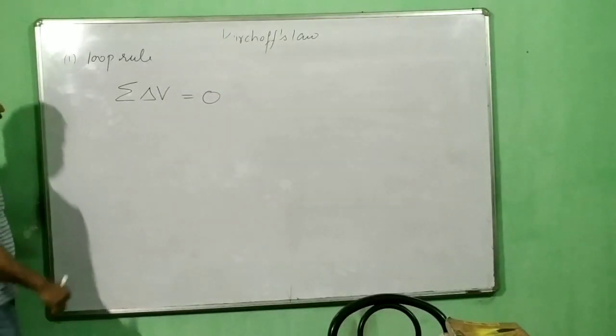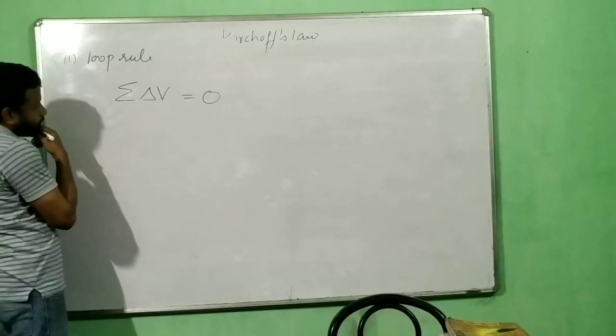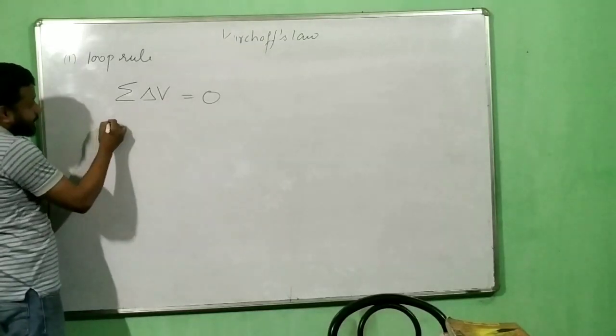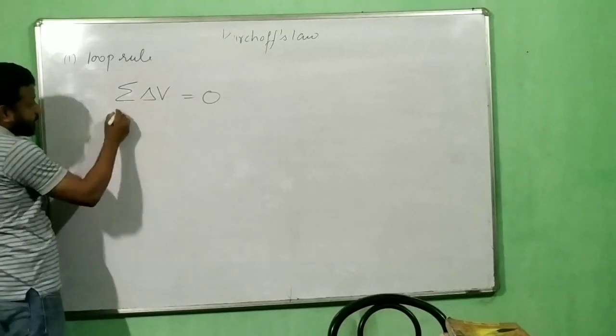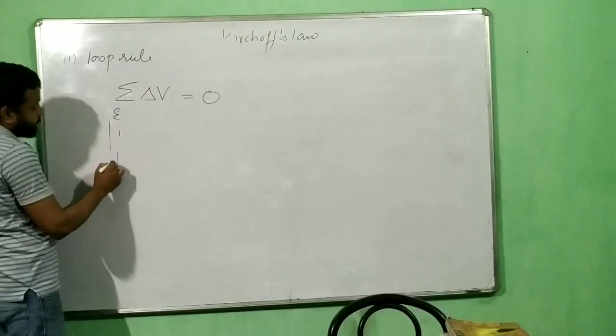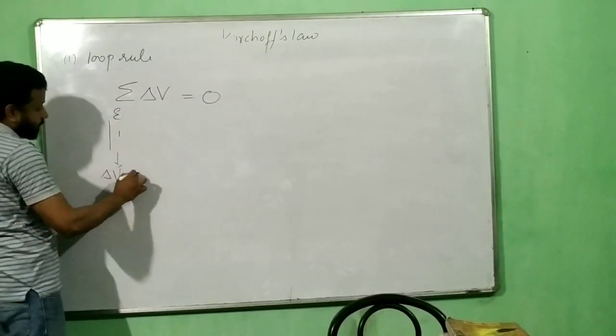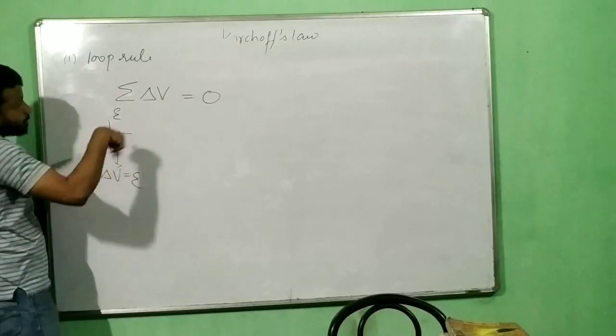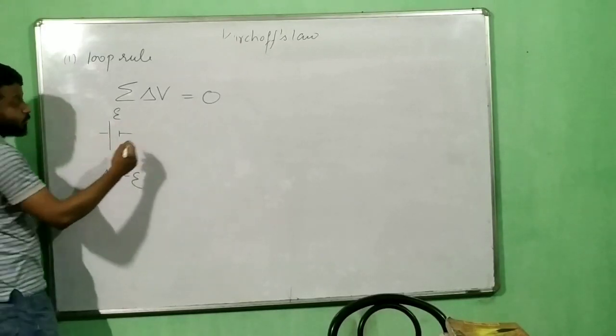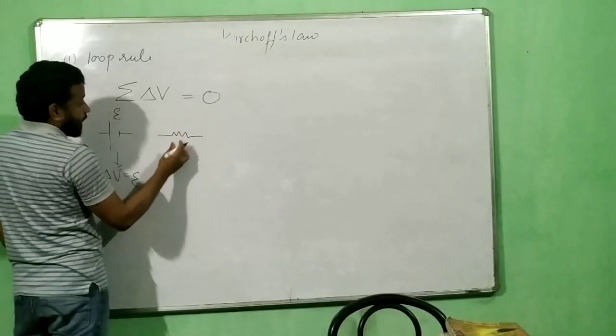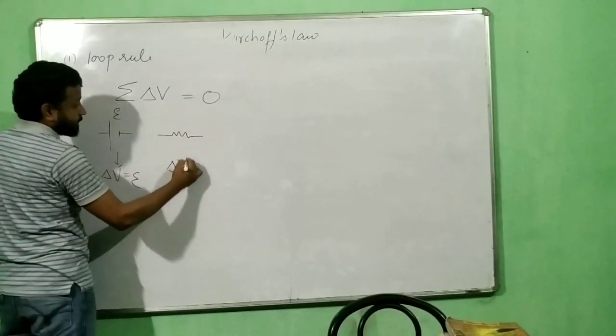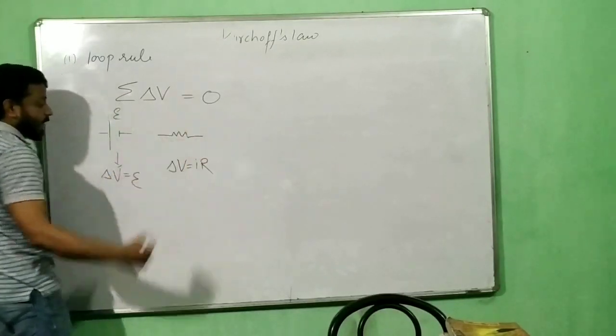Okay. Now if I say that I have an EMF of E, that means the potential drop across this is also E. Because in a loop, in a circuit, we encounter a battery, we encounter a resistor. And what is the potential drop across a resistor? Potential drop across a resistor is IR.